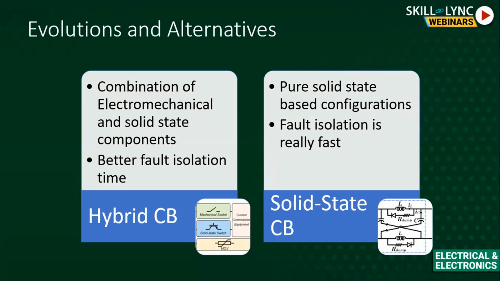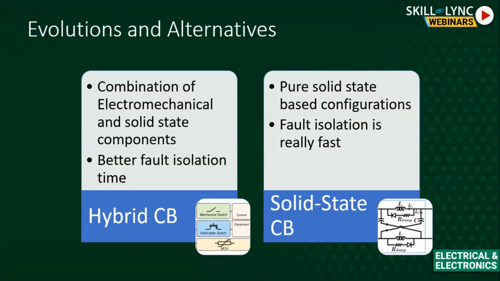because of its low impedance, the fault will penetrate very fast into the system, and it will really damage many devices which are connected to it. So it is not advisable to use these electromechanical devices directly for the DC. So there is a new technology which people are coming up with, hybrid circuit breaker, which is a combination of electromechanical and solid state breaker.